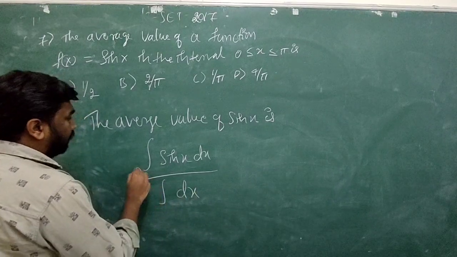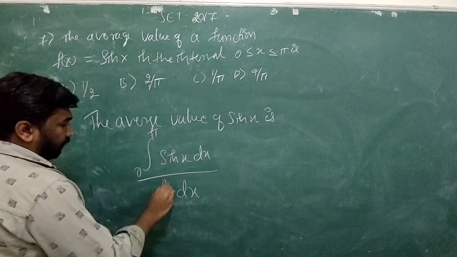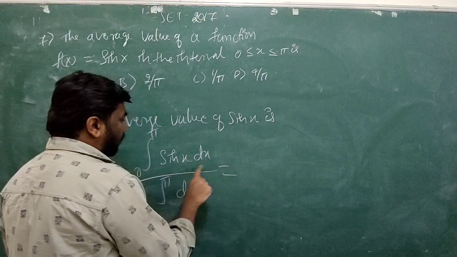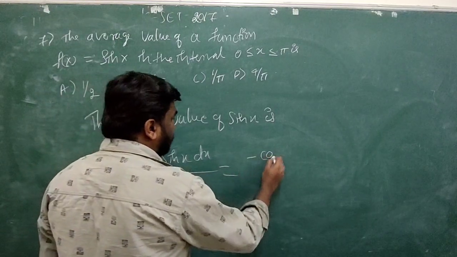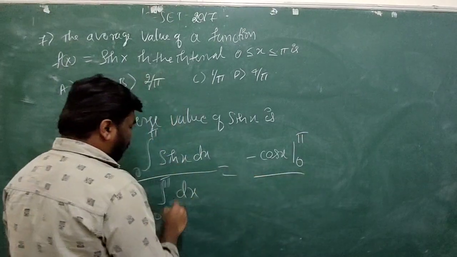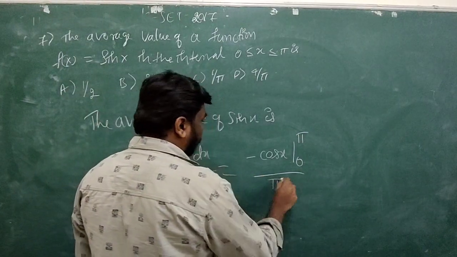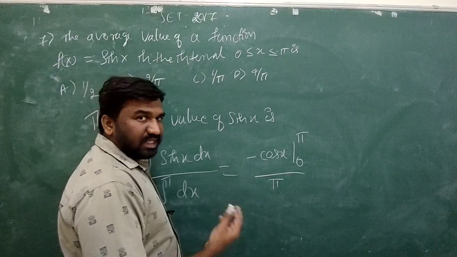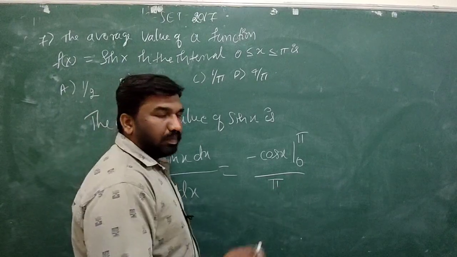Limit varies from 0 to pi, which is equal to integration of sin x is minus cos x. Limit varies from 0 to pi divided by dx is pi. Dx is x and limit is pi to 0.